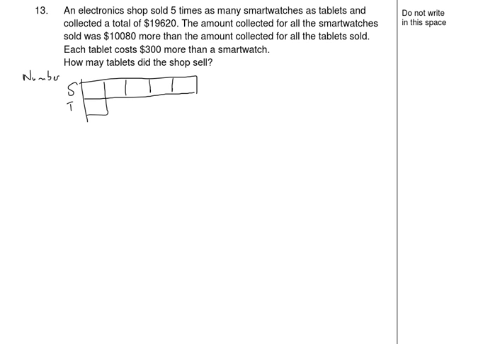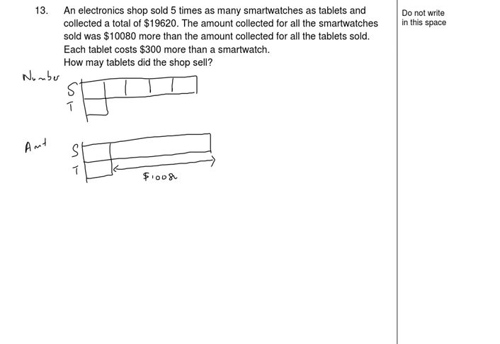So I'm going to draw another model to show the amount collected. So the amount collected is different, and it is smaller by 10,080, right? And the total is actually 19,620.